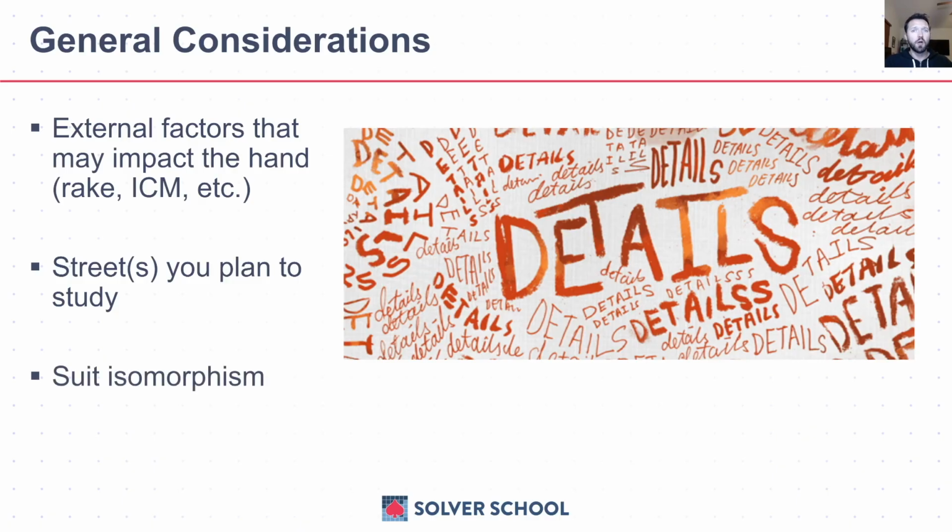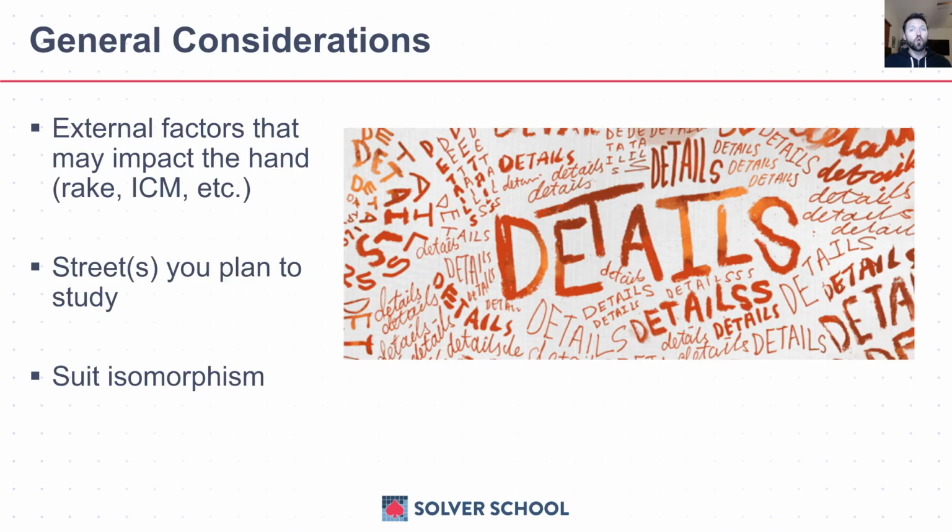And then finally, suit isomorphism. This is a concept that I touched on briefly in Module 1, but you can actually model multiple game trees the same way. There are 22,100 flops within the game of Hold'em, but we can actually reduce that down to 1,755 flops because of this concept of suit isomorphism.